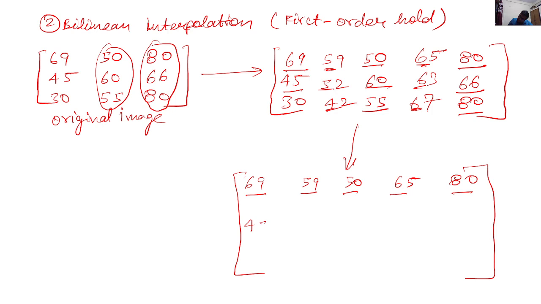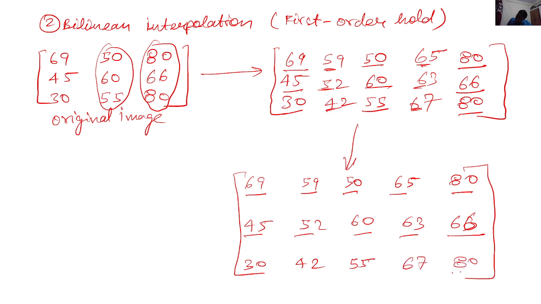So that would be 45, 52, 60, 63, 66. And the last row will become the final row again of this expanded image: 30, 42, 55, 67, 80.